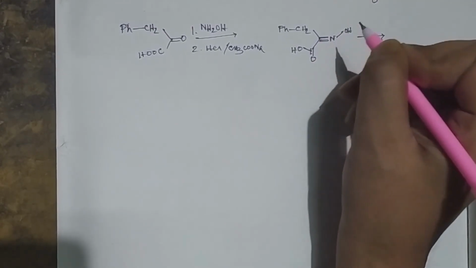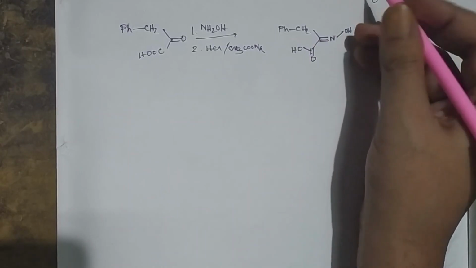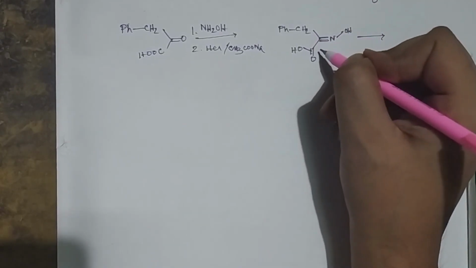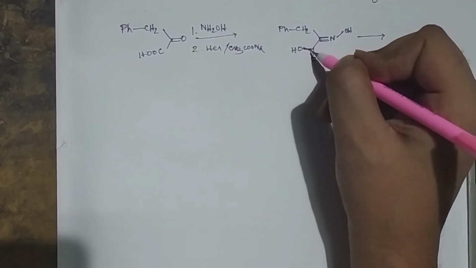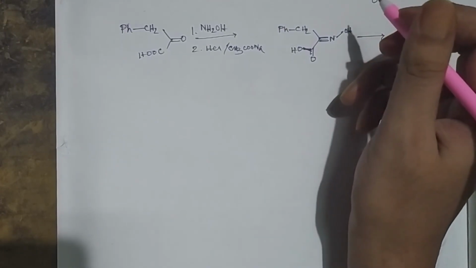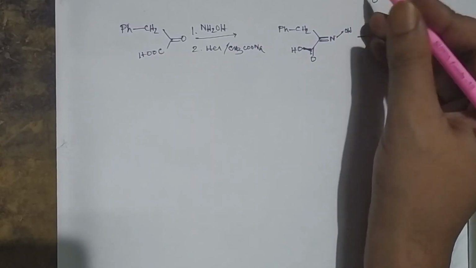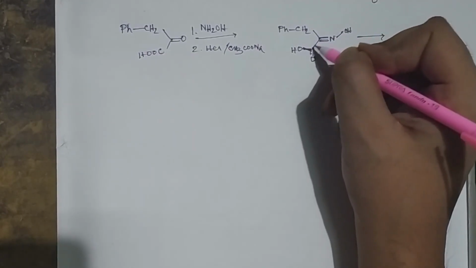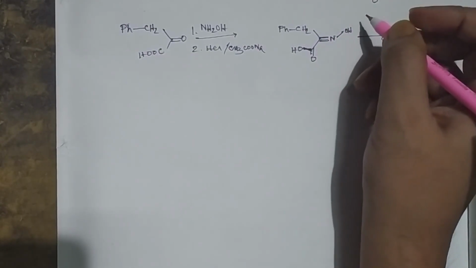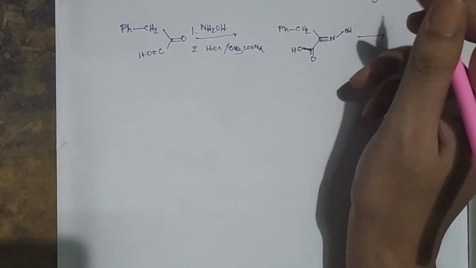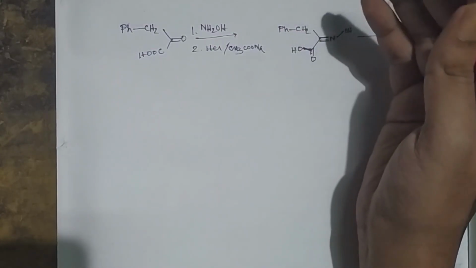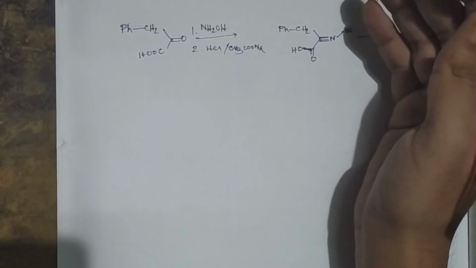For that reason, that C-C bond has to be very vulnerable to cleavage, so we have to keep the oxime OH trans to the COOH so that the C-C bond can be vulnerable. If you don't, then that carboxylic acid will not be decarboxylated.